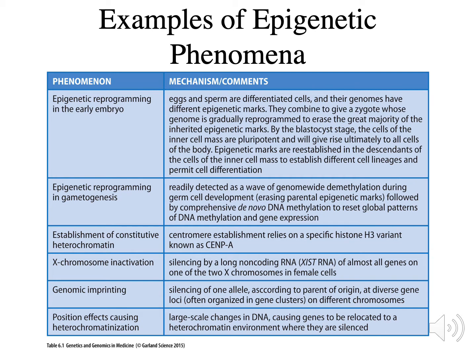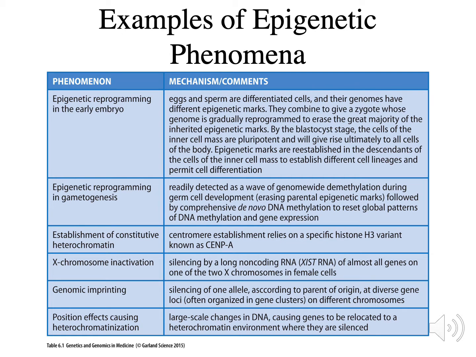That is, their DNA is modified in some way, or their nucleosomes, the actual histones, are modified, and this changes when they combine to give the zygote. So during fertilization, egg and sperm cells combine to give the zygote. Their genomes are reprogrammed to erase the vast majority of these inherited epigenetic marks.